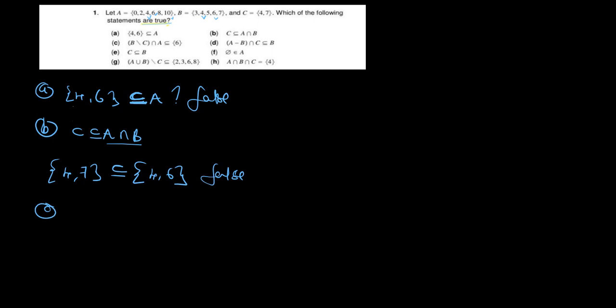For number C, you need to know that if I give you x minus y, this is the same as x intersection y complement. That's the meaning there. It means that you subtract, if possible, members of y from x.